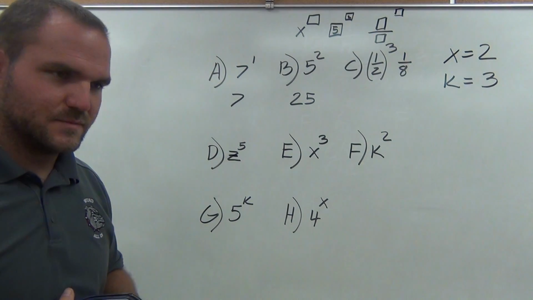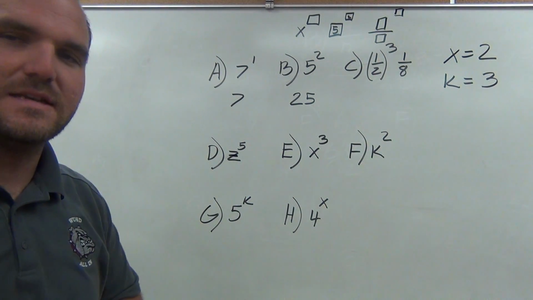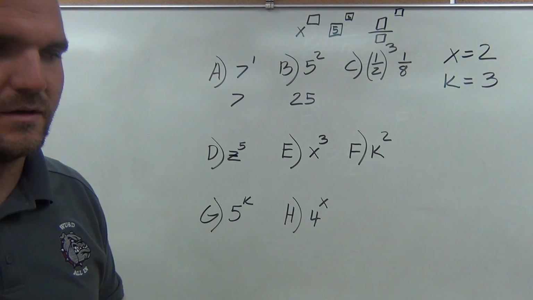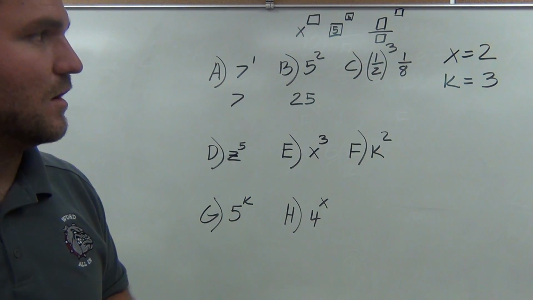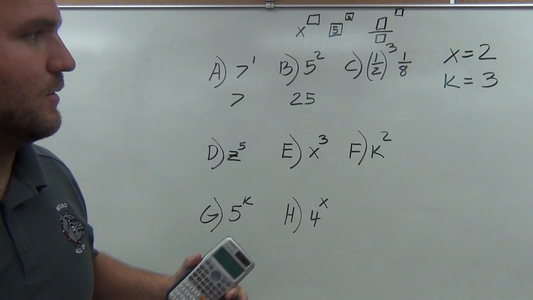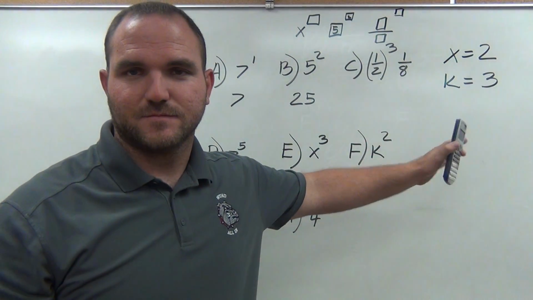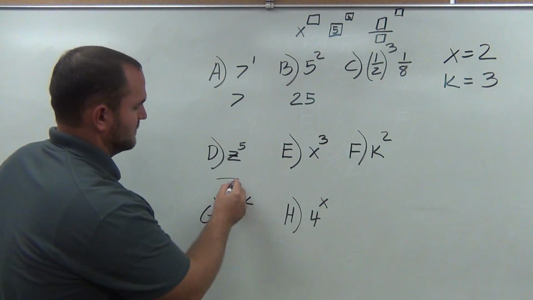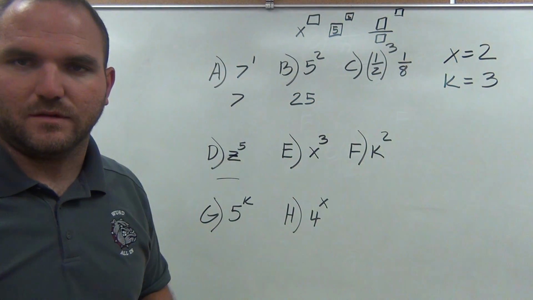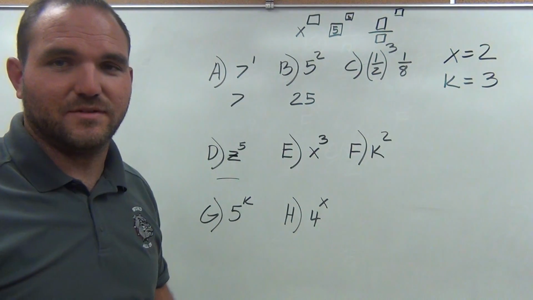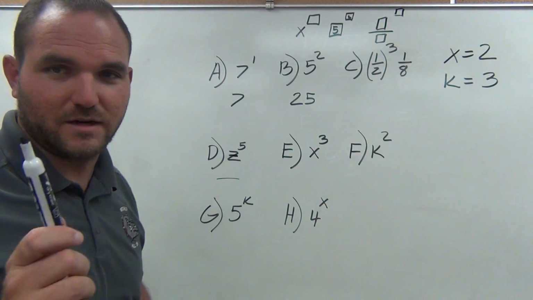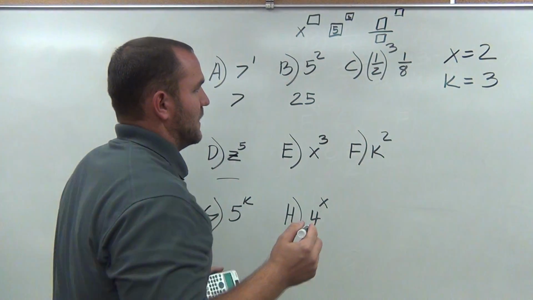And sometimes, I've seen a couple problems like that where they will put in a random letter, and they're going to see if you're going to put in the wrong number for that letter. Right now we have nothing that equals z. So this problem basically is nothing. Can't do anything with it. See, if you pause the video and you're going through those, got to slow down. Make sure you're getting them right.